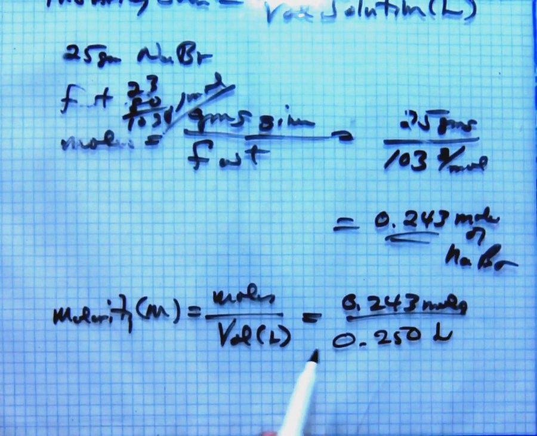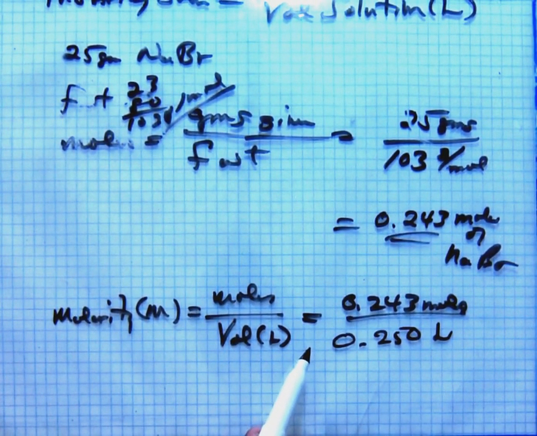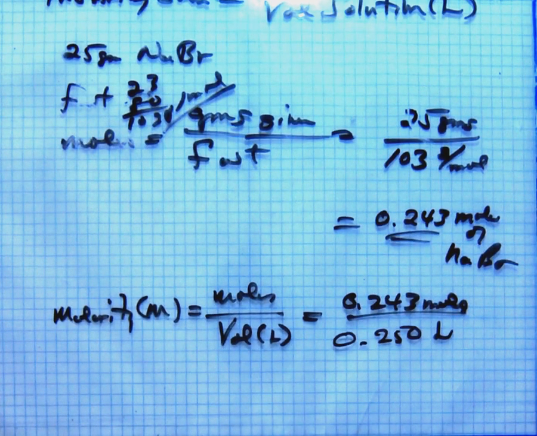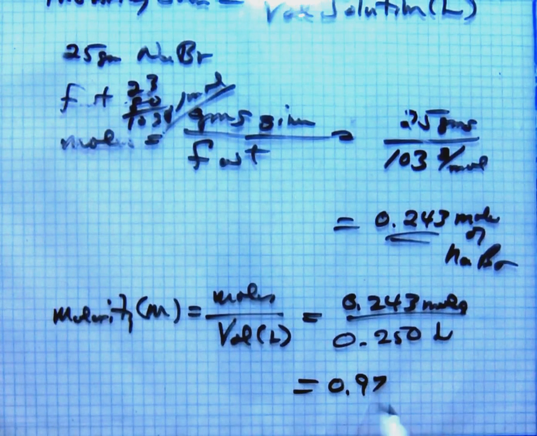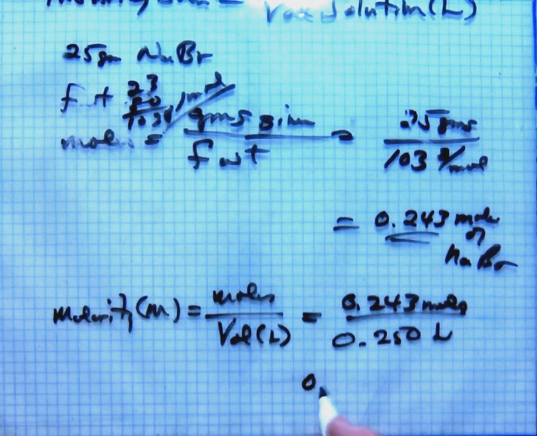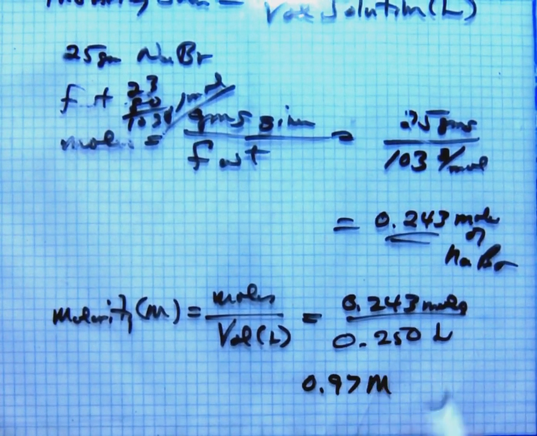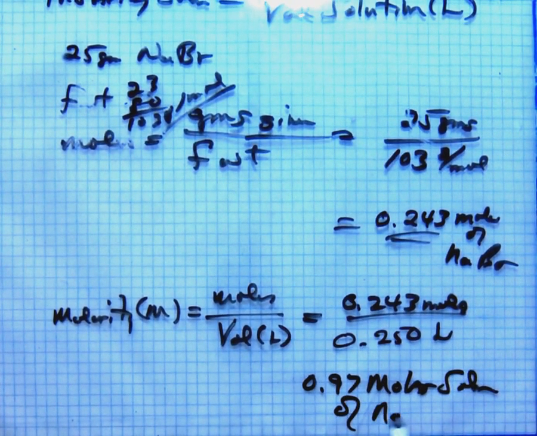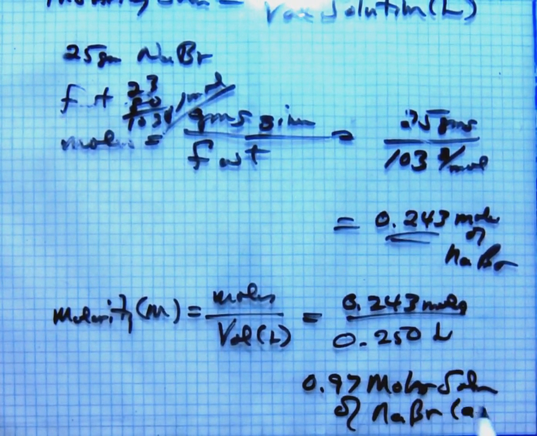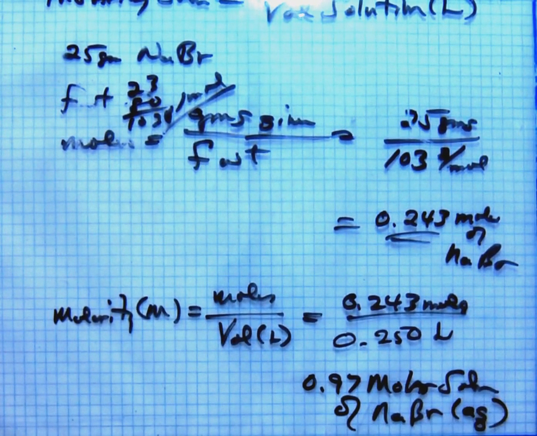See what I did? Everybody still with me? Moles per liter is molarity, excuse me. So that divided by 0.25 equals 0.97 molar solution of NaBr. And we typically tag it with an aq to indicate that the solvent is water, on the end, down like that.